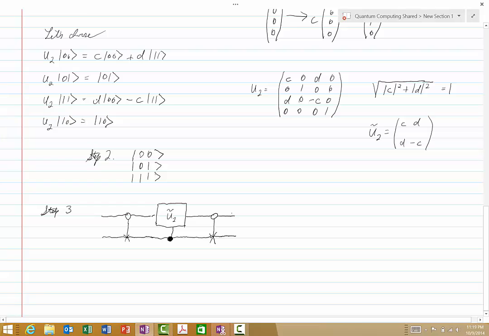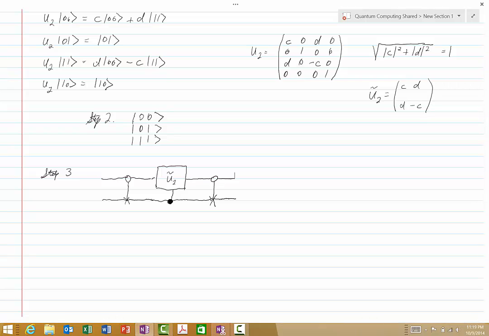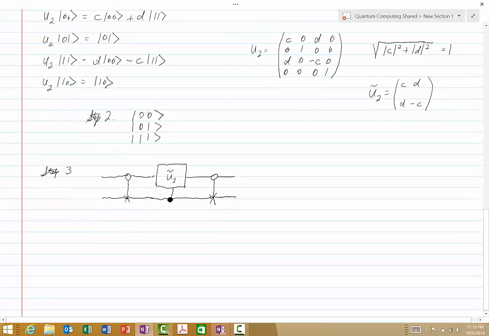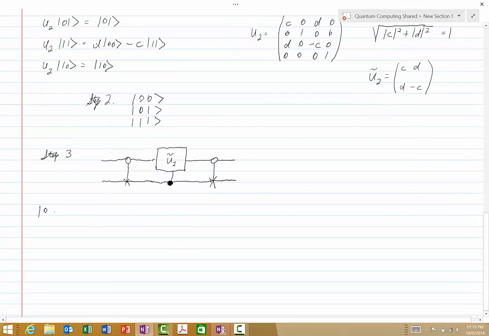And the claim here is that this circuit will implement the transformation shown here. So let's make sure that that's correct. 0,0, 0,1, 1,1, 1,0. Let's see where each of those will go.